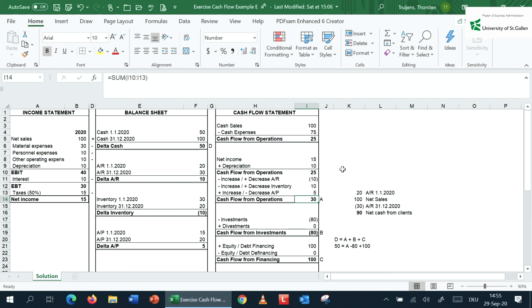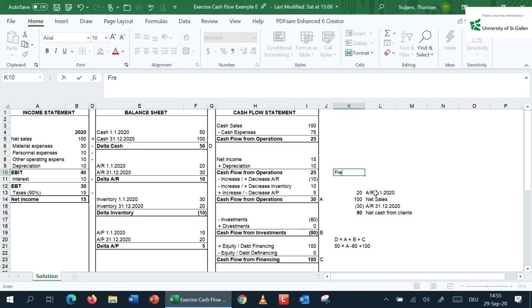And this is another final term from my side, an important term that you should understand. This discussion of the bank of how much money is actually left over from your business, including the investments you are undertaking, is called the so-called free cash flow.